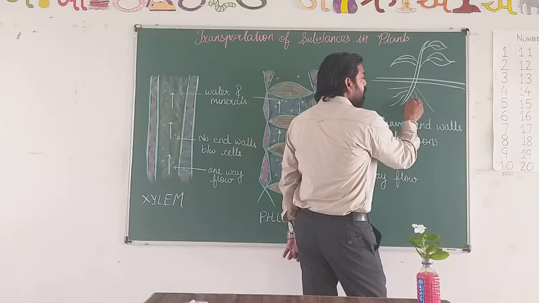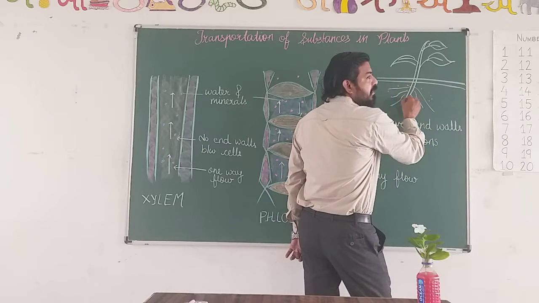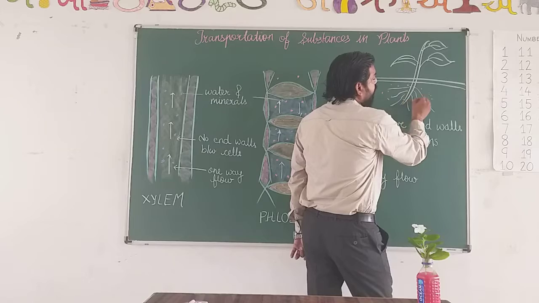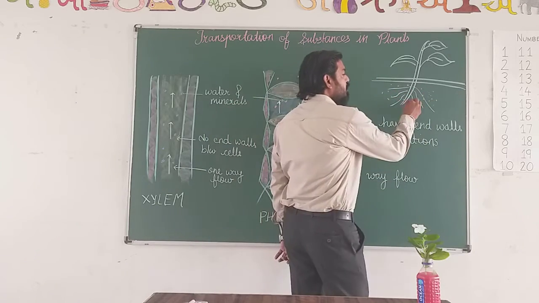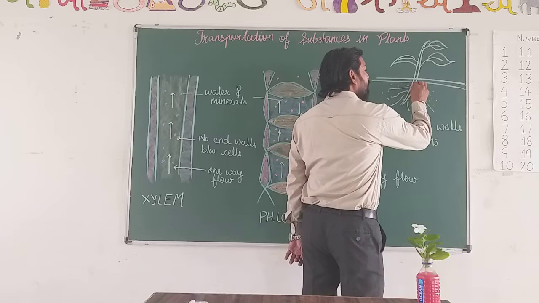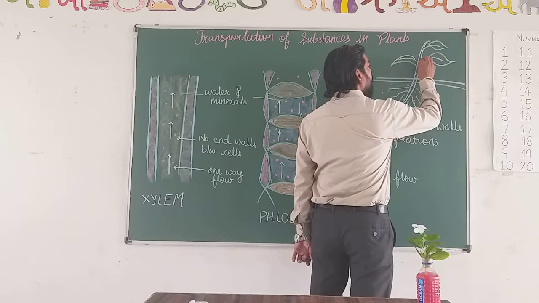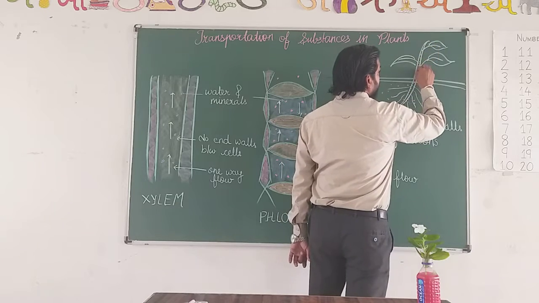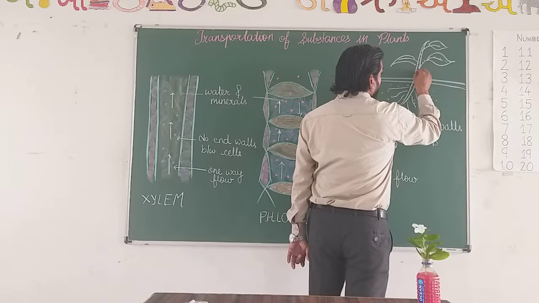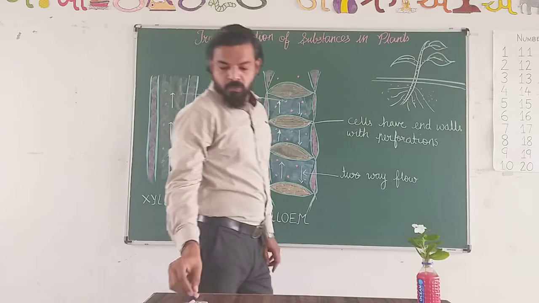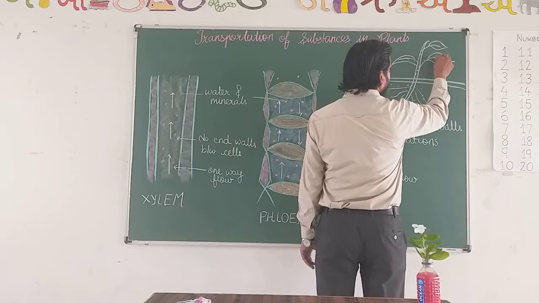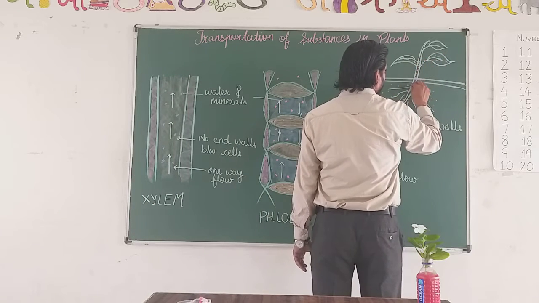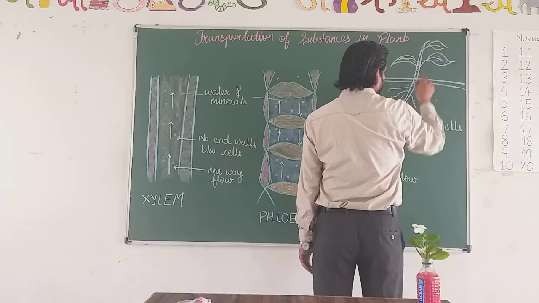There are lots of minerals and water present over here. Suppose these minerals and water are present here. It goes like this to all parts of the plant. See, here it goes. So you can see the water goes everywhere. Here it transports the water.